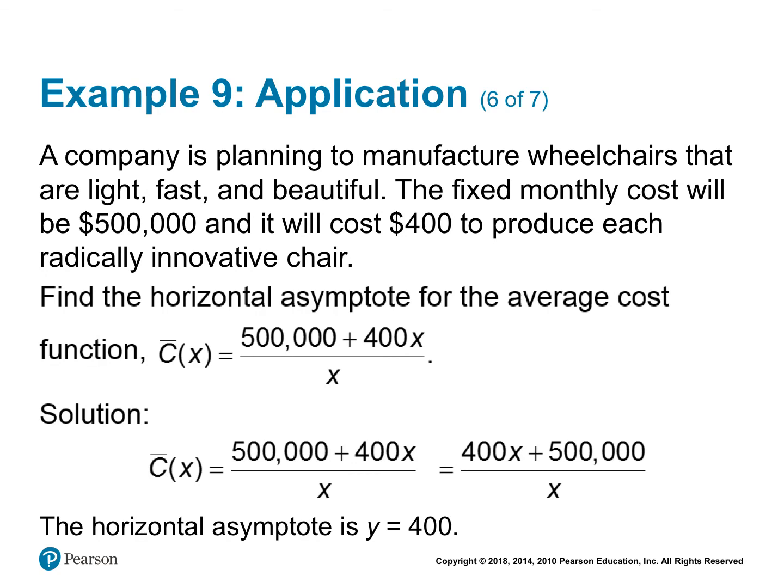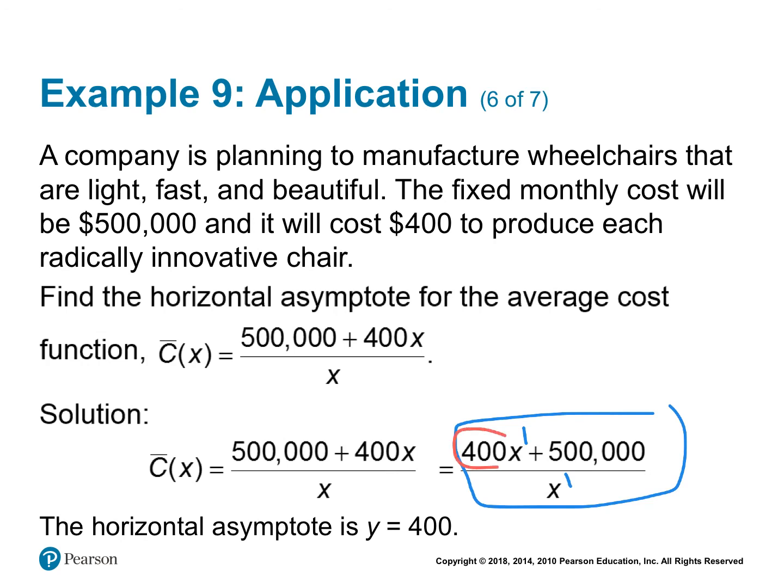Okay, now we're going to find the horizontal asymptote for the average cost. So if you think back to how we found the horizontal asymptotes, if the degrees were the same, so they rearranged it here, these both have a degree of 1. So then you have to divide your coefficients.